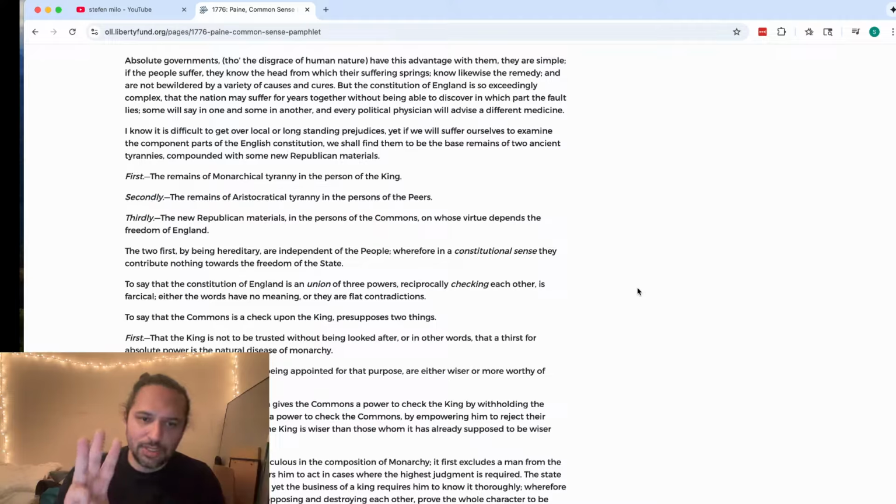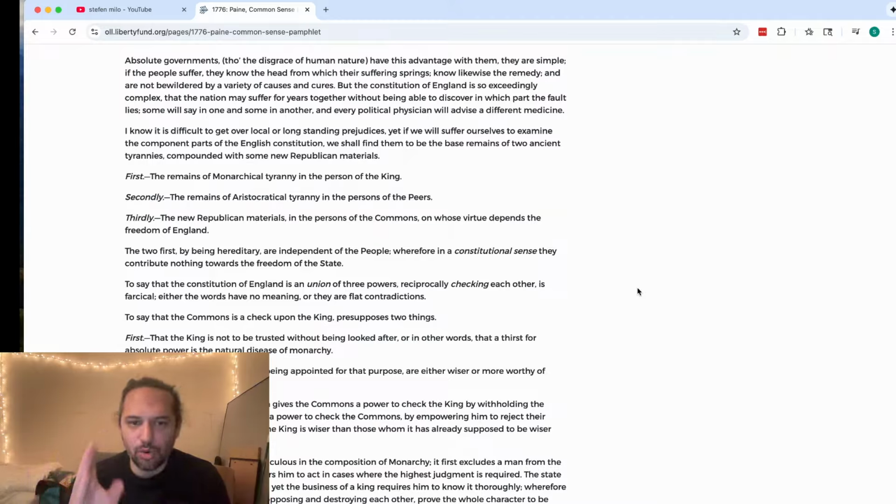The two first, by being hereditary, are independent of the people, wherefore, in a constitutional sense, they contribute nothing towards the freedom of the state. Therefore, to say that the Constitution of England is a union of three powers reciprocally checking each other is farcical. Either the words have no meaning, or they are flat contradictions.